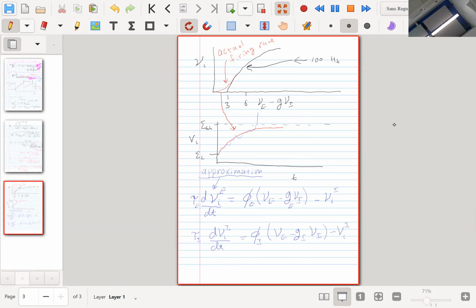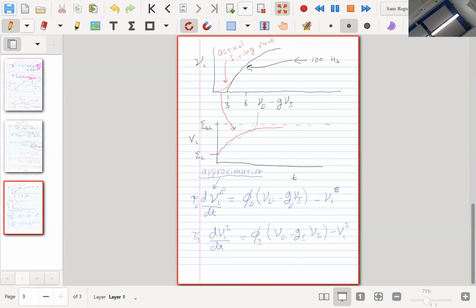All it says is that the ratio of excitatory to inhibitory PSPs onto excitatory neurons may be different from the ratio of excitatory to inhibitory PSPs onto inhibitory neurons. It turns out if we don't make that assumption, things do not work out.